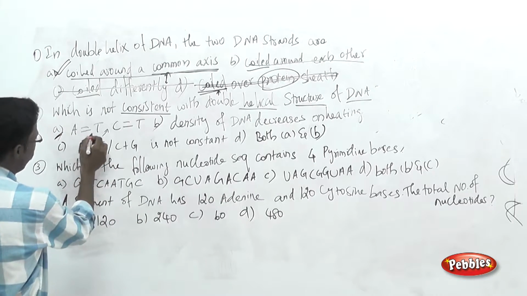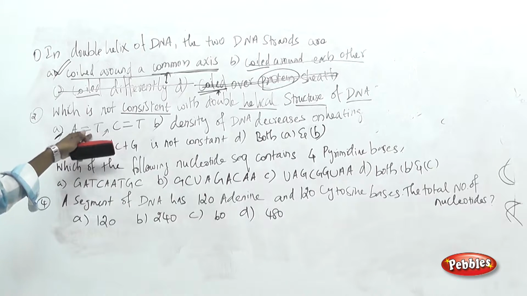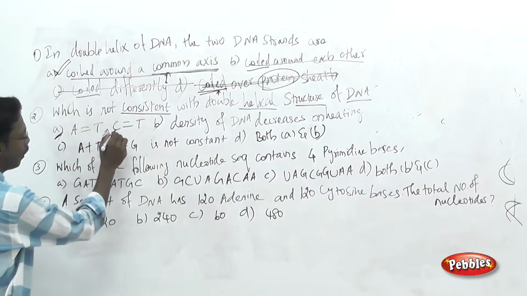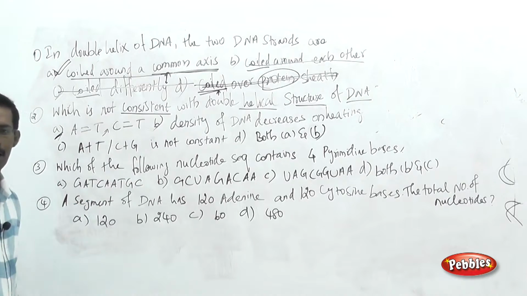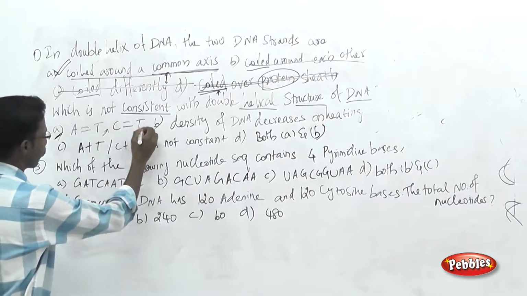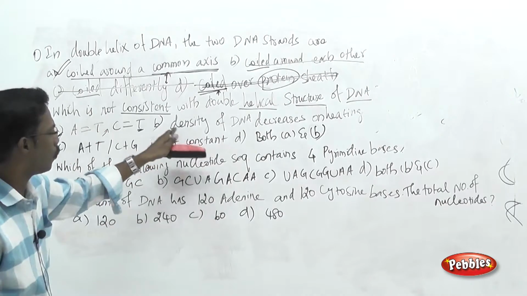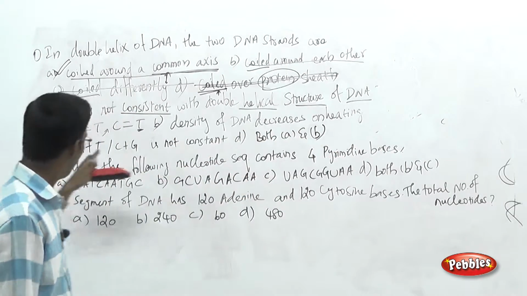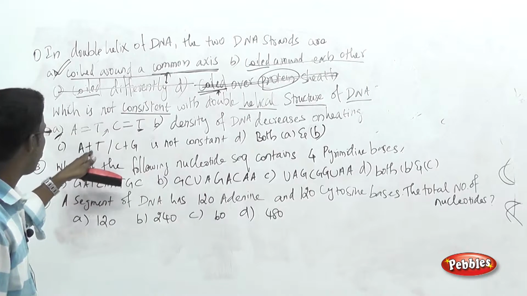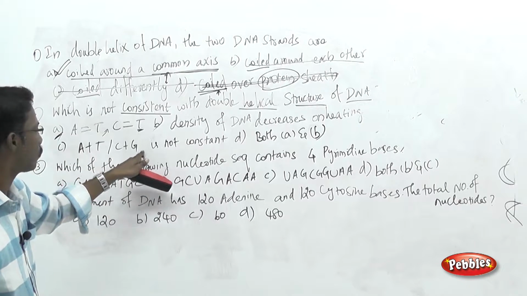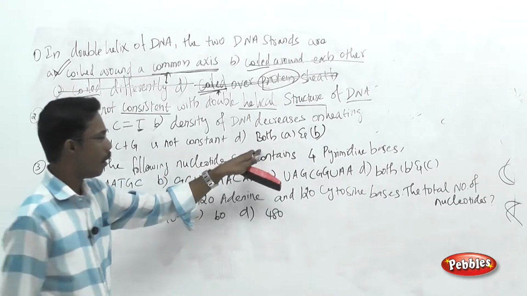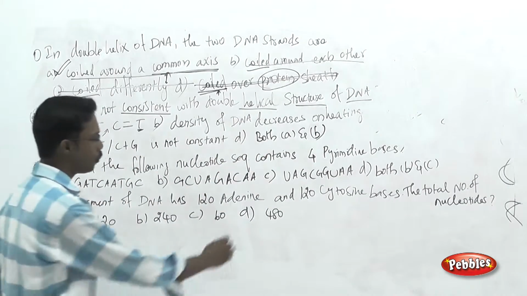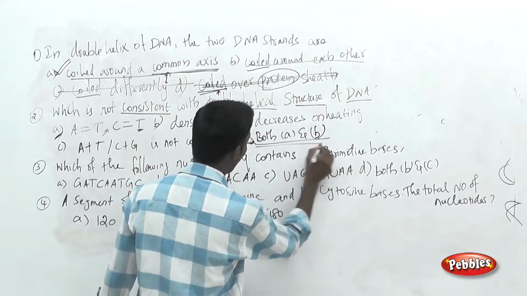Choice 1: adenine equals thymine, cytosine equals thymine. Choice 2: density of DNA decreases on heating. Next choice: adenine plus thymine, cytosine plus guanine is not constant. Both A and B.